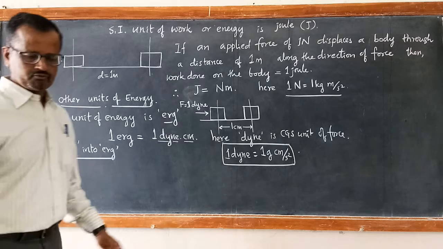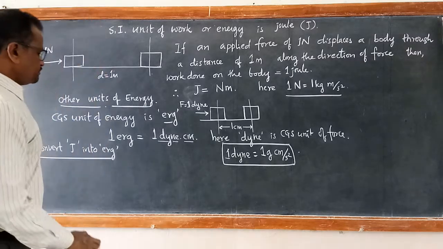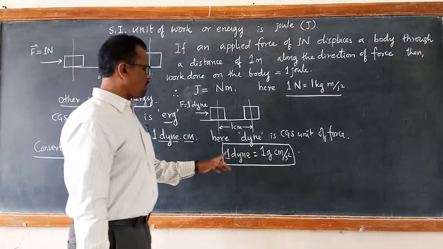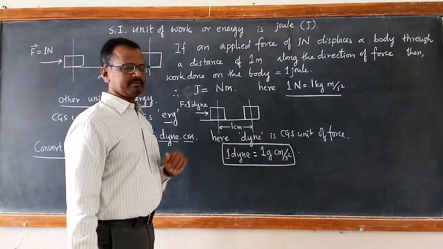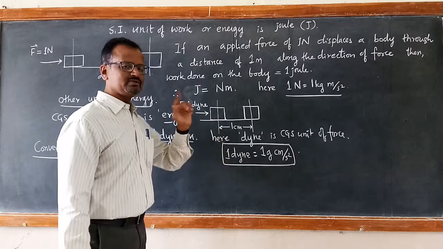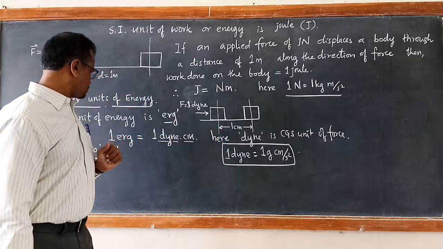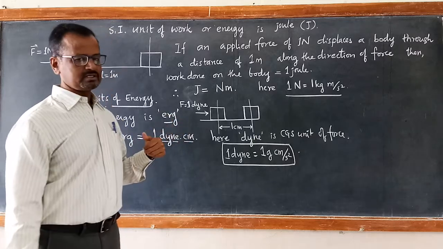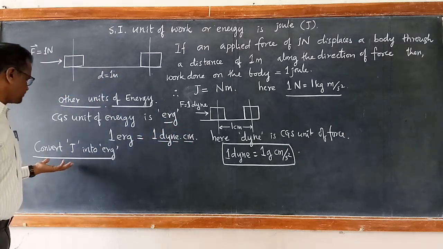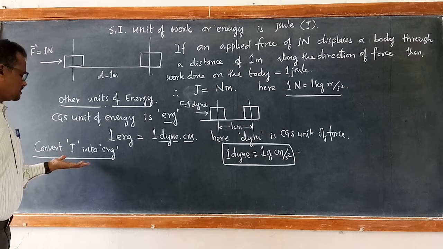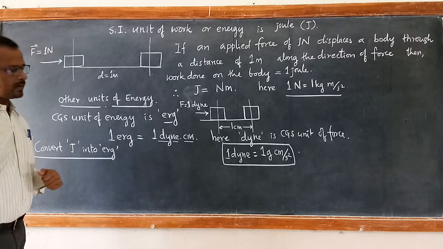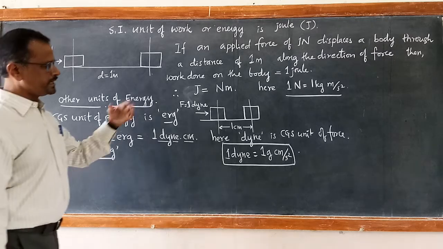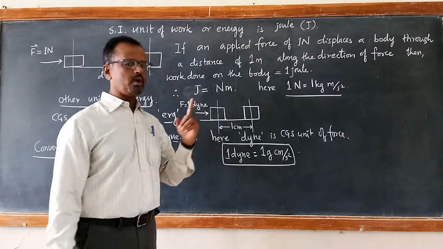Yes, we can do it. Before that, we should know how many dynes is equal to 1 Newton. So let us do that. Conversion of dynes into Newton first. Then we can go for conversion of joule into erg.